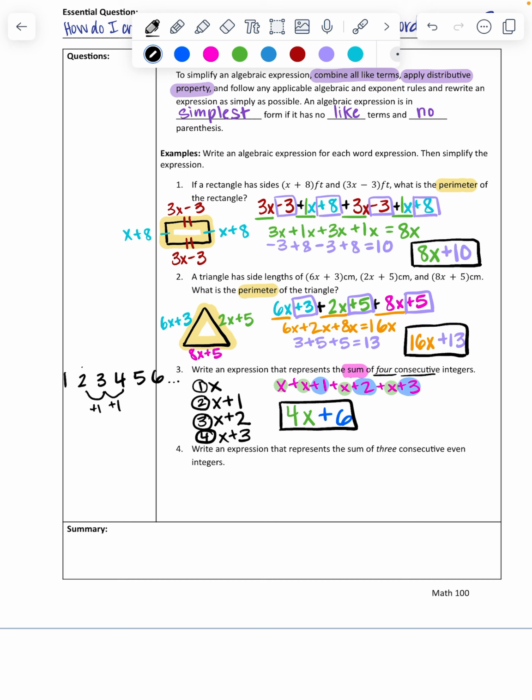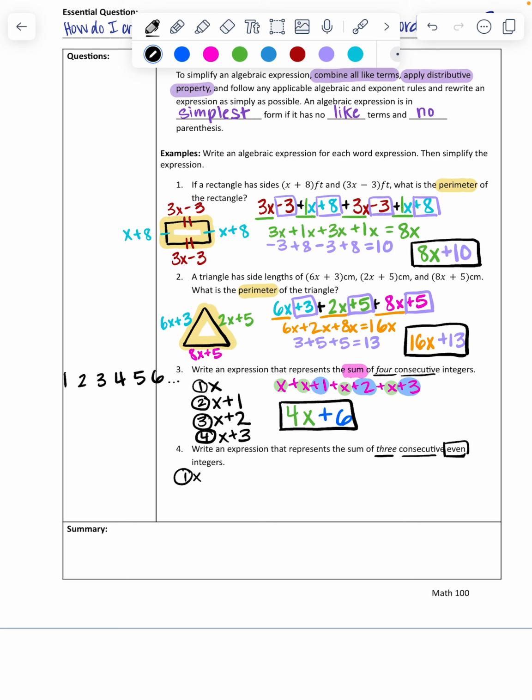Okay, number 4 is write an expression that represents the sum of 3 consecutive even integers. So this is the important part. We only want to look at even integers. So let's go back to my number line here. Again, if you don't know which number you're starting with, your first integer will always be x. We don't know where we're starting, but we do know that it's even.